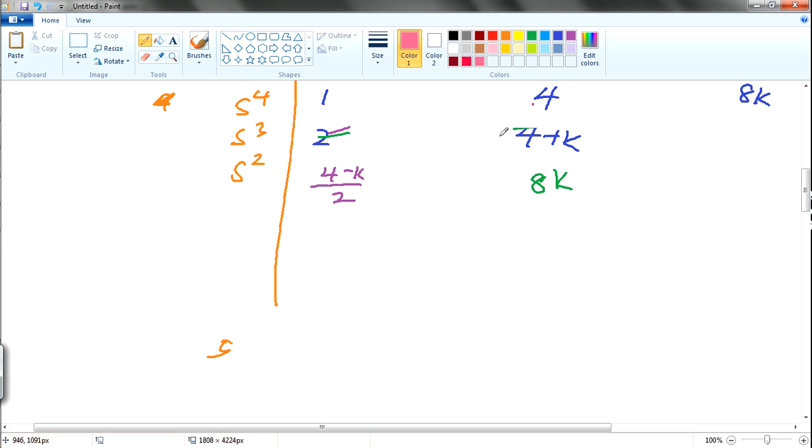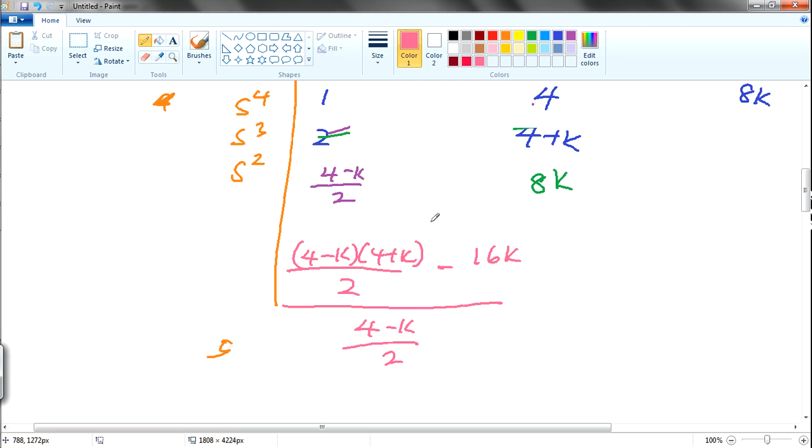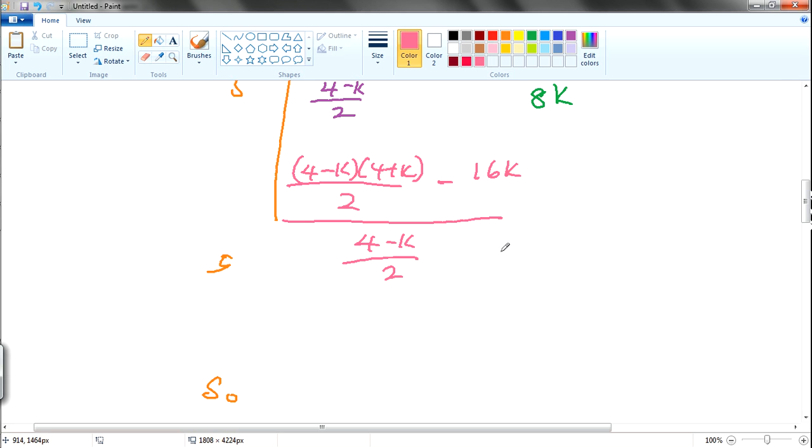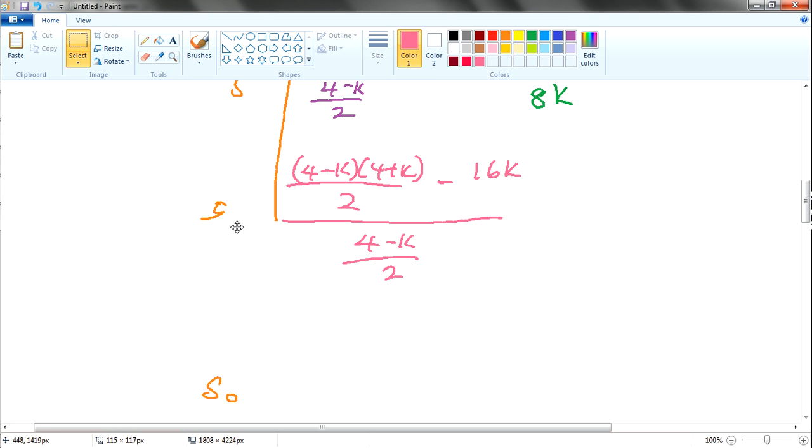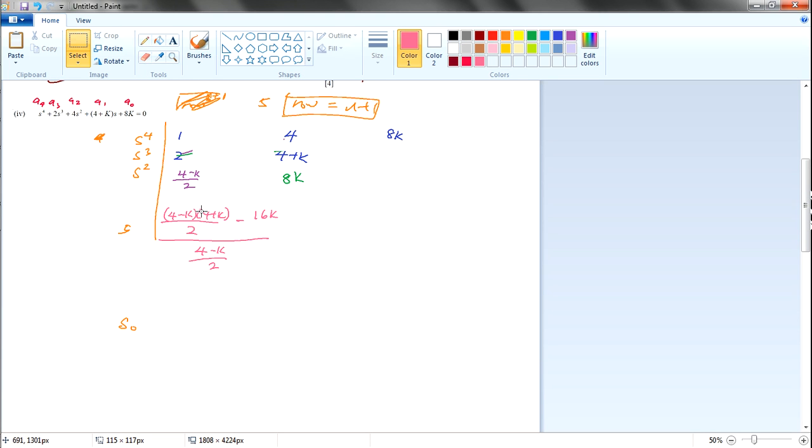So 4 minus k, 4 minus k, 4 plus k, and see this minus away 2 16k, divided everything by 4 minus k divided by 2, and then 4 minus k times 0 is nothing. 0 minus 0, so there is nothing over here, right? So this is the value for s. As you can see, we have solved so much.